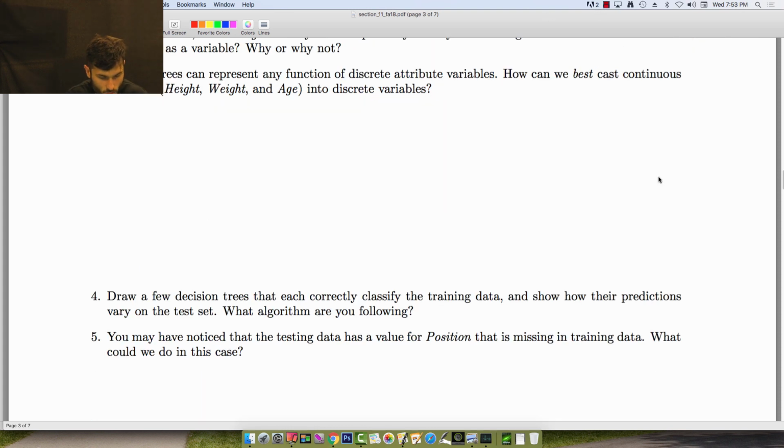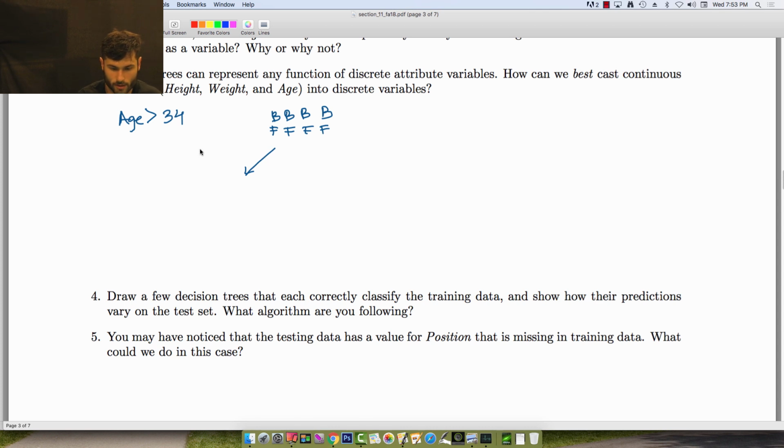So now in this fourth question, they ask us to draw decision trees that each correctly classify the training data and show how their predictions vary on the test set. As we said before, if we split by the attribute age being bigger or smaller than 34, we can perfectly classify the data. We have eight examples, 4 of those are basketball and 4 are football.